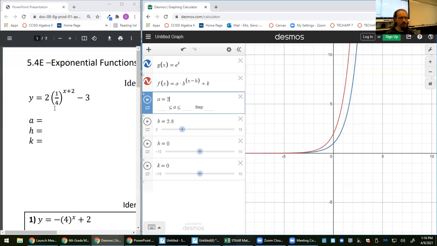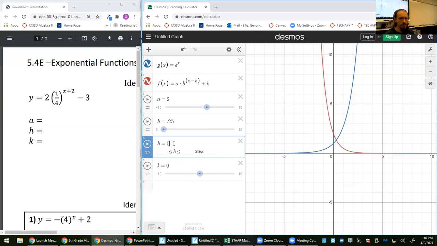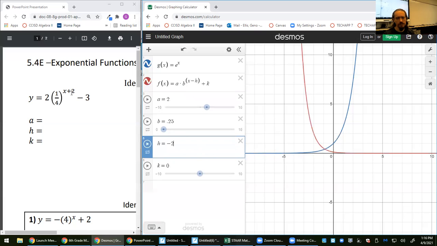So then what you can do, if you really want to see what it looks like, is take our example here, y equals 2 to the 1/4 x plus 2, so b would be 0.25. H would be, now be careful here, same as always. Since our function is x minus h, when we see x plus 2, that means that the value of h is actually -2. So it's always the opposite of the sign you see in the equation.